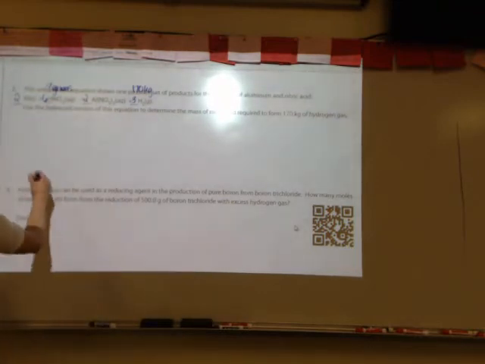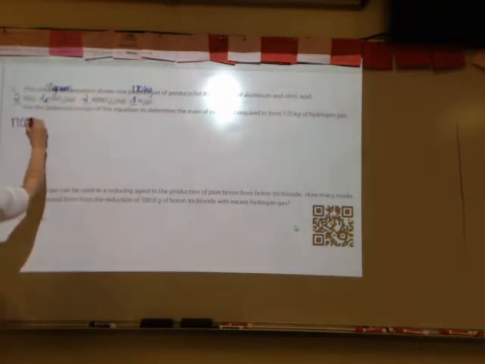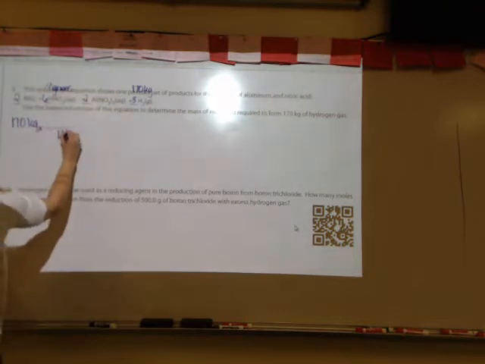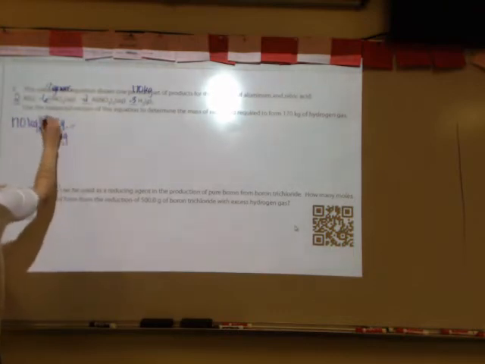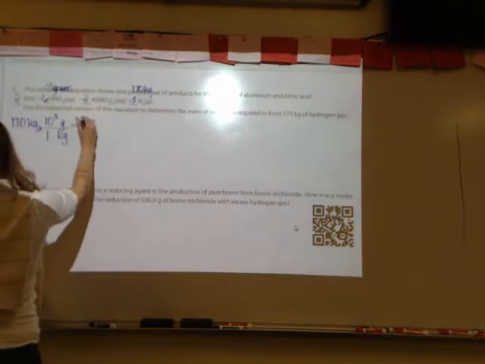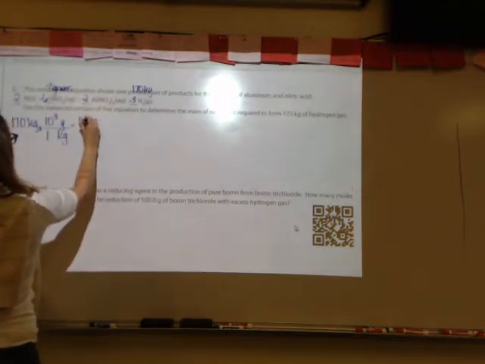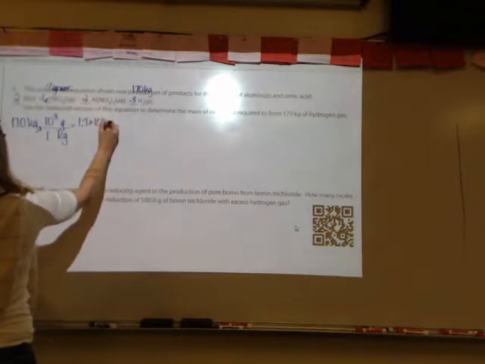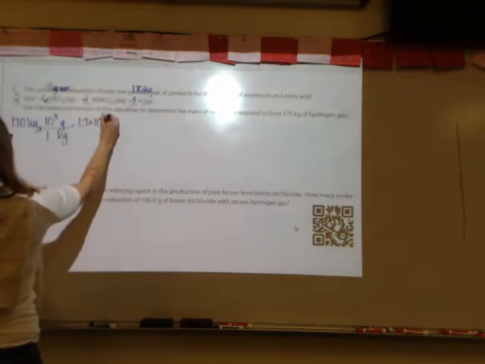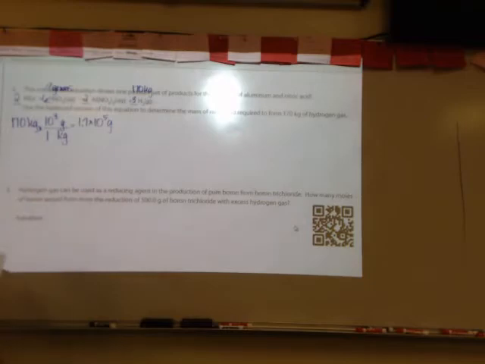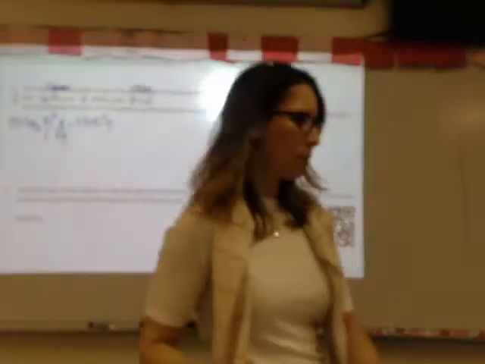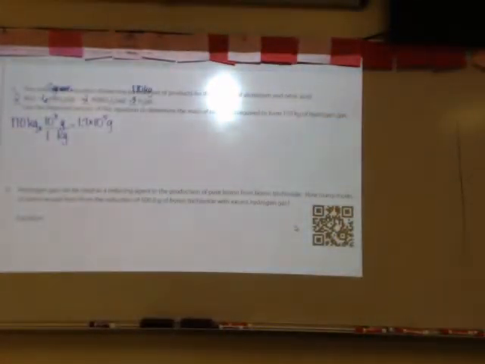Okay, 170 kilograms converted to grams is a one-step metric conversion. So this is going to be 1.7 times 10 to the 5th grams. Let me double check that. I don't do math in my head much anymore.